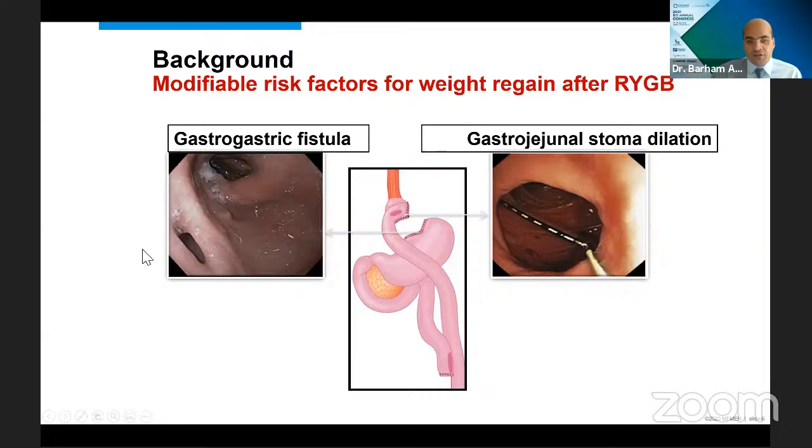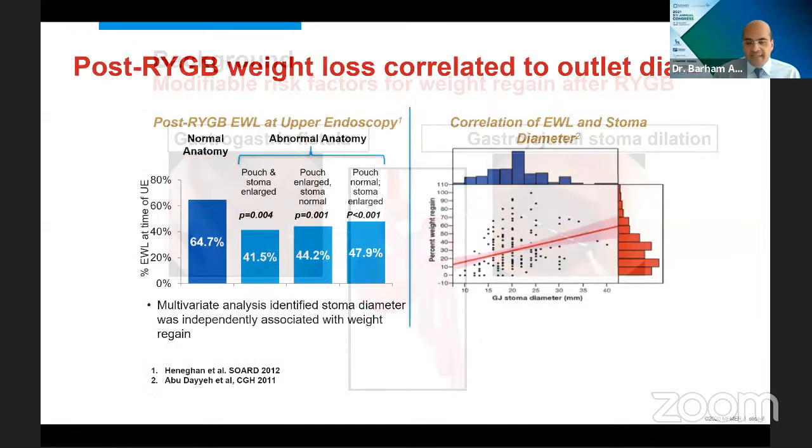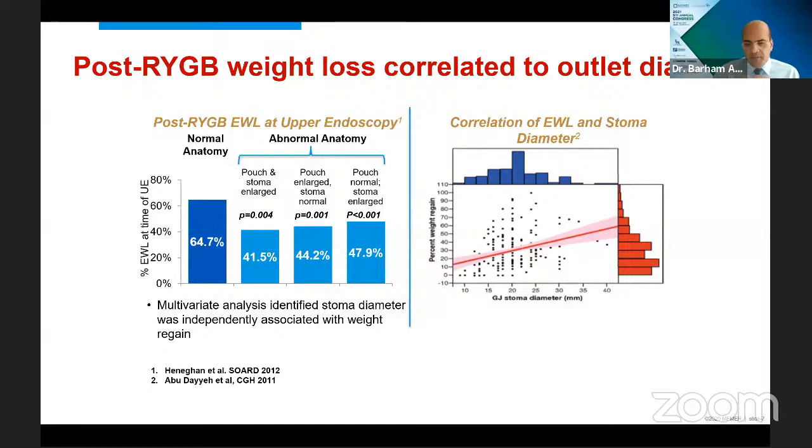One is the formation of a gastric fistula between the pouch and the excluded stomach, as shown on this figure. And the other one is a dilation of the gastrojejunal stoma, as shown here. The association between the diameter of the gastrojejunal stoma and weight regain has been shown in multiple large cohort series. This is one from the Cleveland Clinic, and the other one is from the Brigham and Women's Hospital.